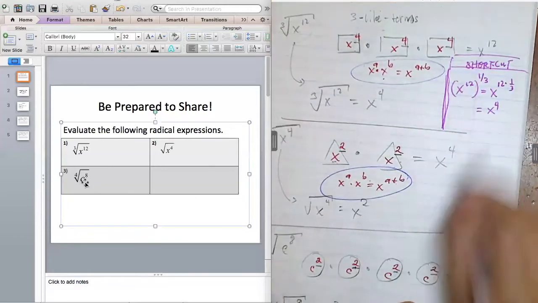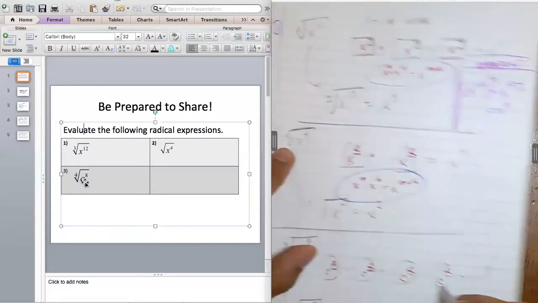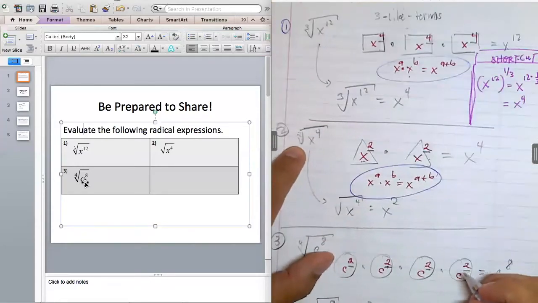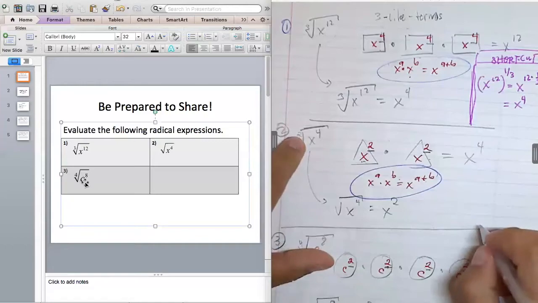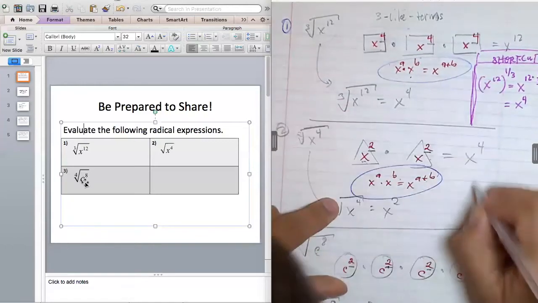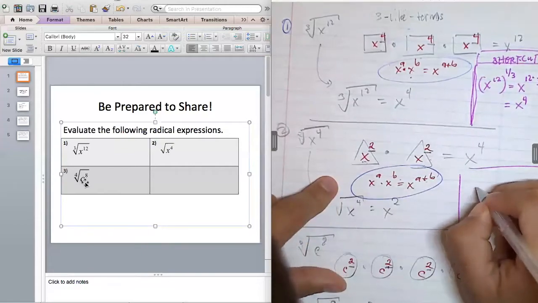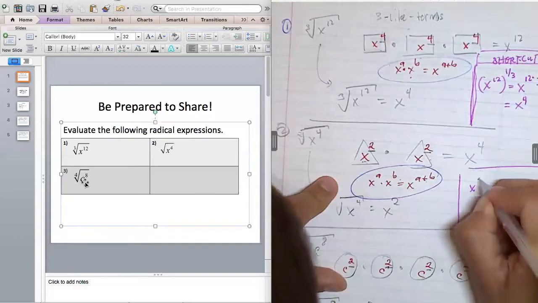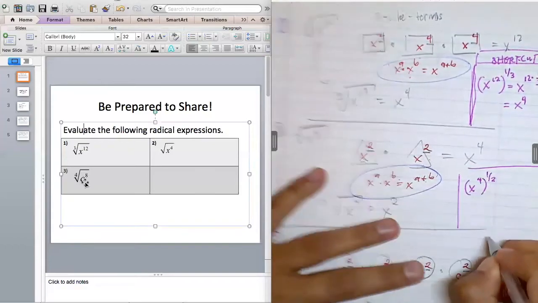So using the same approach here, let's rewrite the radical as a fraction. On Monday we saw that if it's a 2 or a 3, just put it as a fraction like we did here. So again, x to the 4th, all of that to the 1/2.